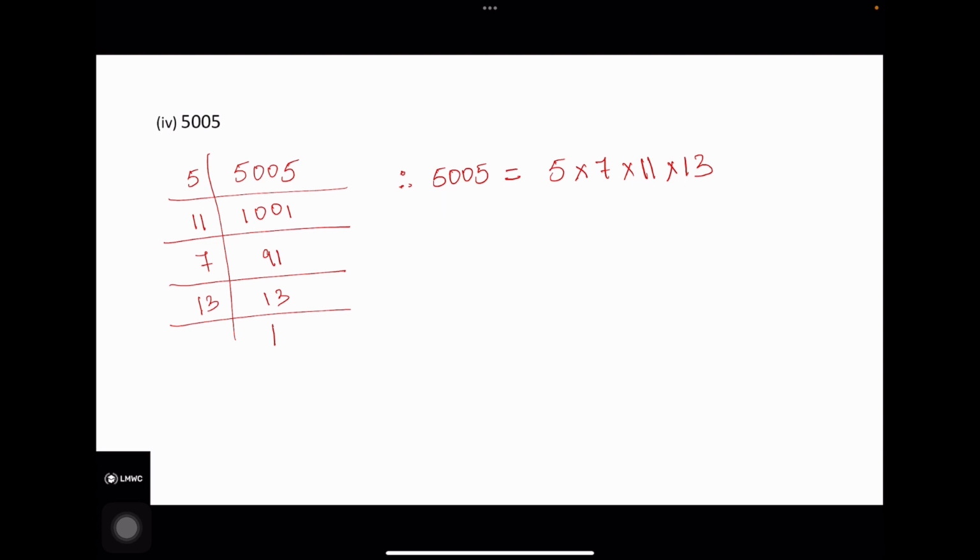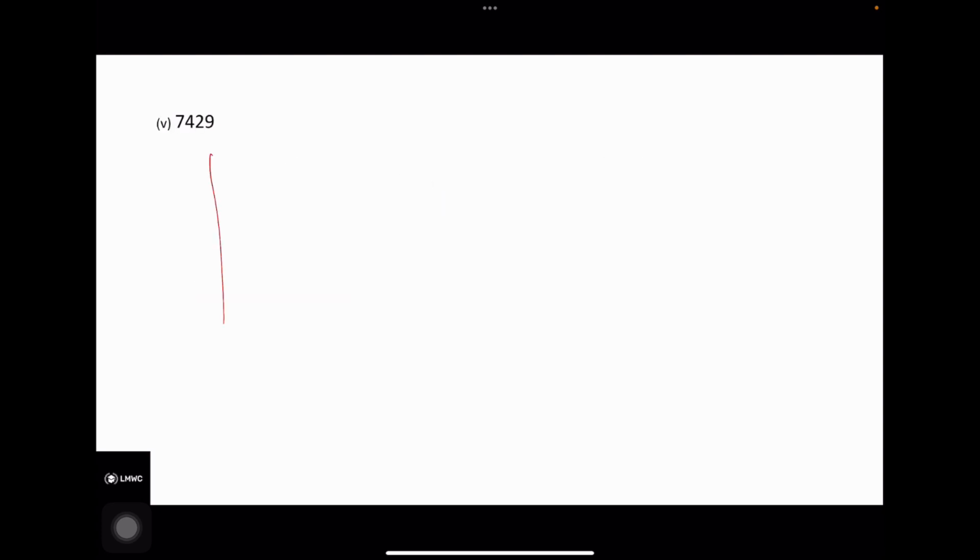Next, we have 7429. So for this number, we can only find the prime number 17. So this factor will be 17 times 437 is equals to 7,429.